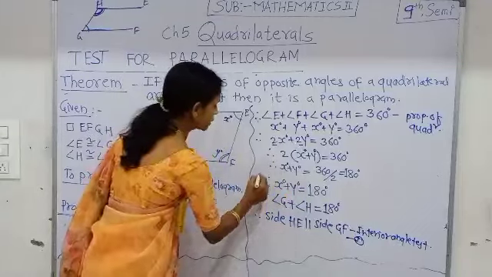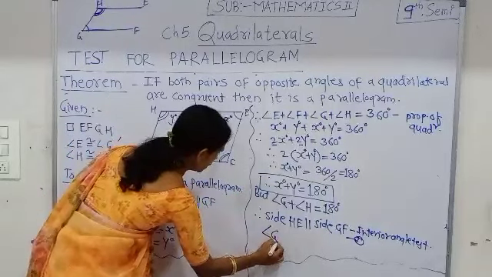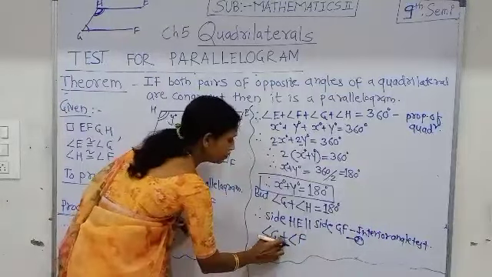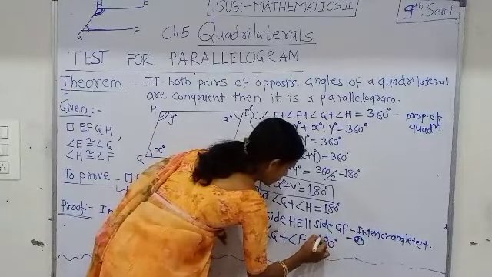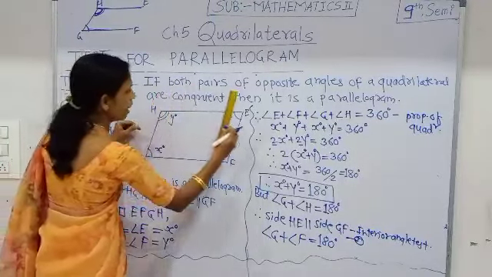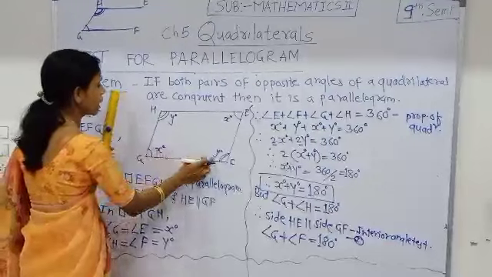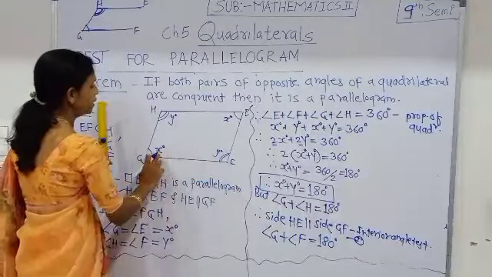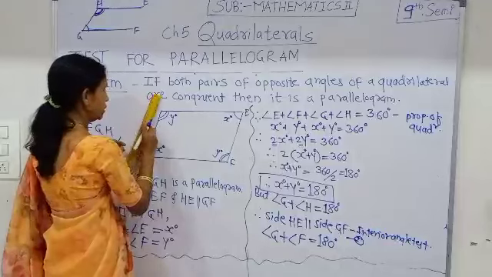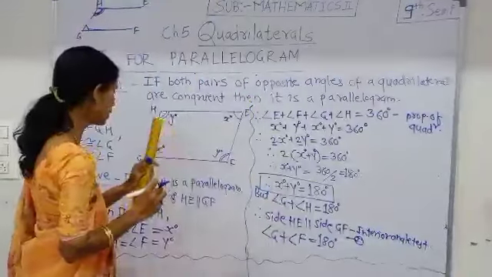From this equation, angle x degrees, that means angle G, plus y degrees, that is angle F, so angle G plus angle F is equal to 180 degrees. Again, considering side HG and side EF with transversal GF, those are interior angles, and the sum of those two interior angles is 180 degrees. Therefore GH is parallel to EF.